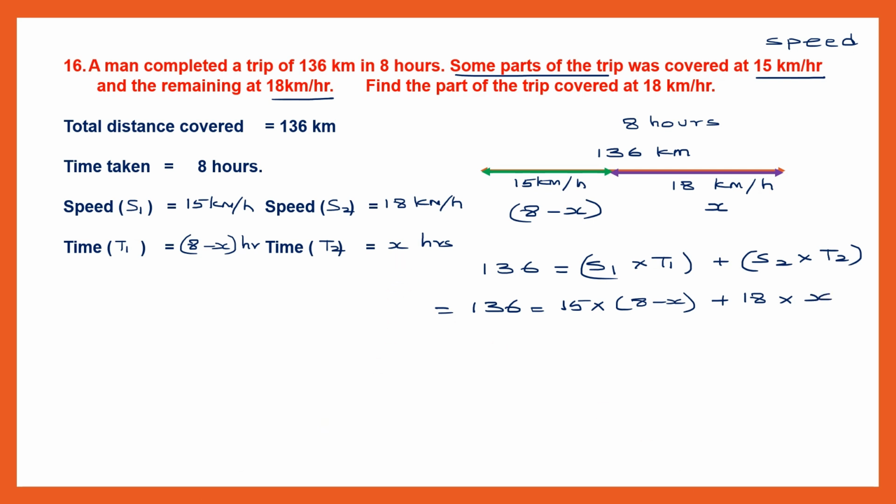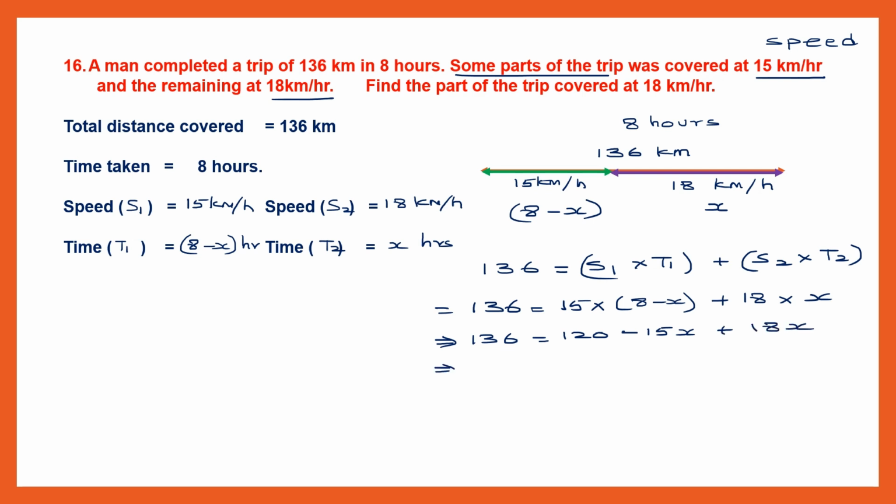Now we just have to simplify this. 136 remains here. 15 into 8 is 120, and 15 into minus x is minus 15x. 18 into x is 18x.